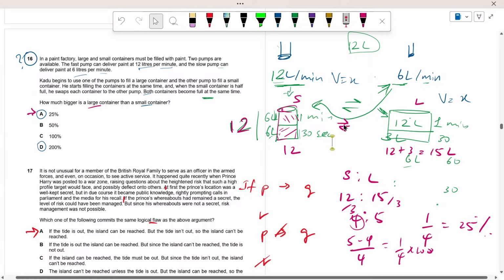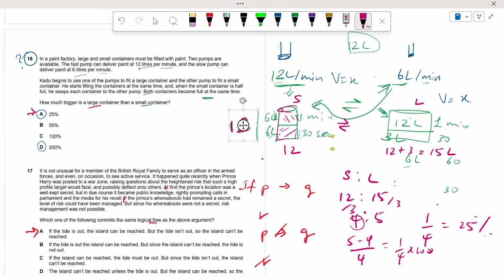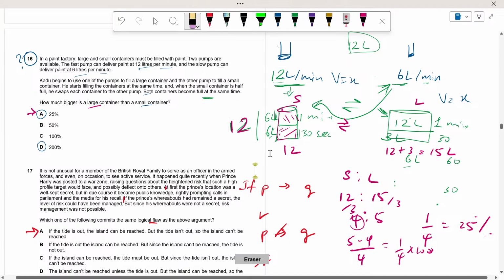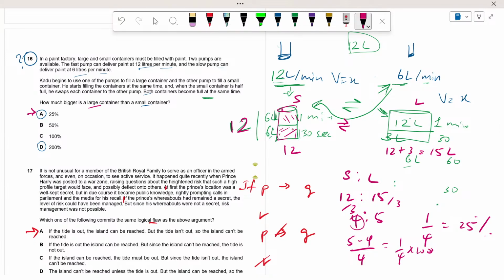Once we swapped, it took us 1 minute to pump the full 12 liters for the smaller container. While that's happening in the smaller container, in the larger container, when the smaller container was filled half, up to 6 liters, the larger container only filled 3 liters because of the smaller pump.